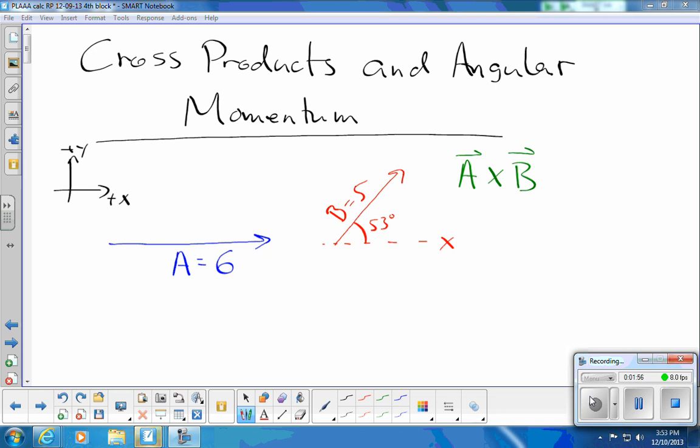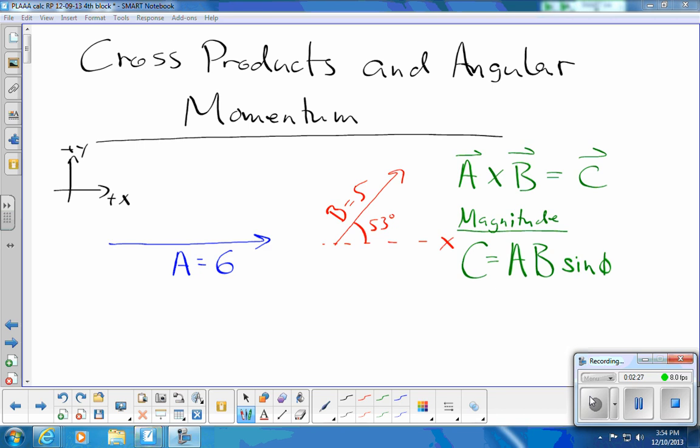So I'll call that for the time being vector C, is what we get when we find the cross product of A cross B. And by definition, this is what we know about vector C. It has a magnitude, and the magnitude of the cross product, C, is equal to, notice the lack of vector symbols here, the magnitude of A times the magnitude of B times the sine of the angle between A and B, drawn tail to tail.